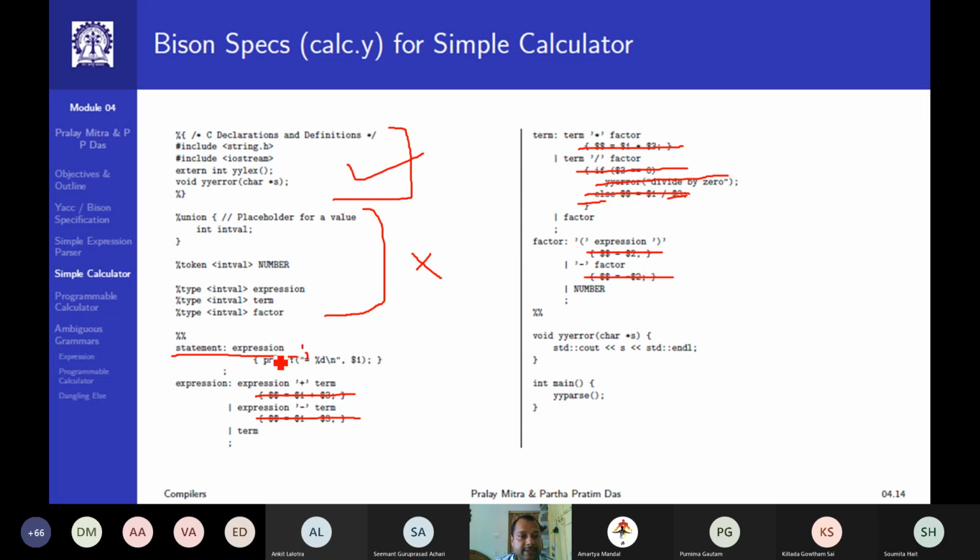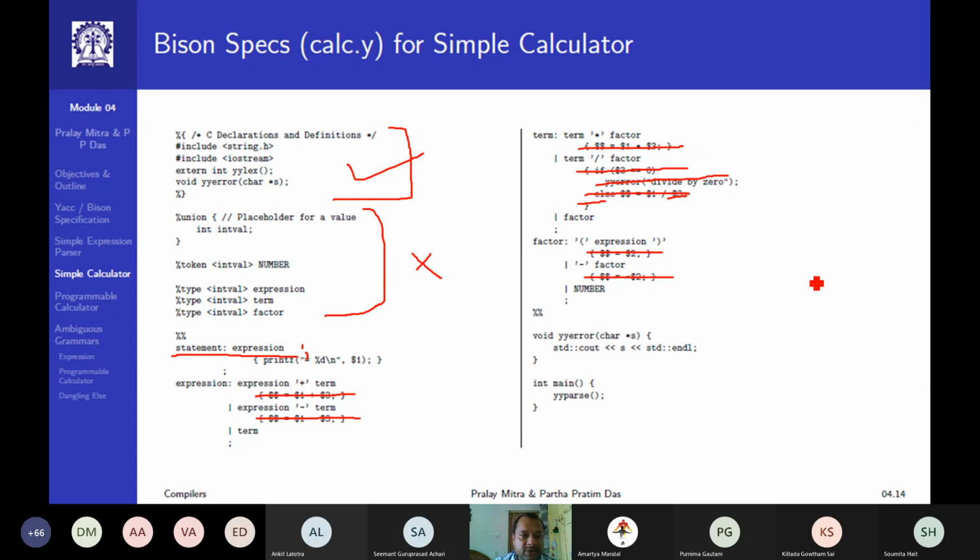So only statement colon expression, addition term, or expression colon expression subtraction term, or term semicolon, then term colon term multiplication factor or term division factor. Only those things were mentioned.